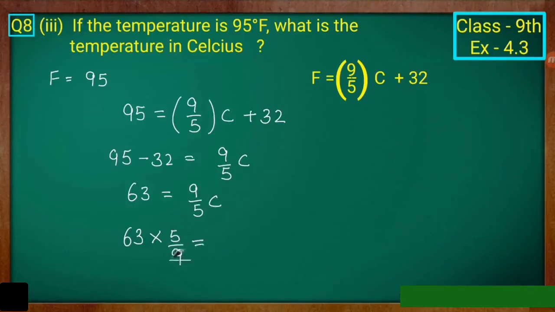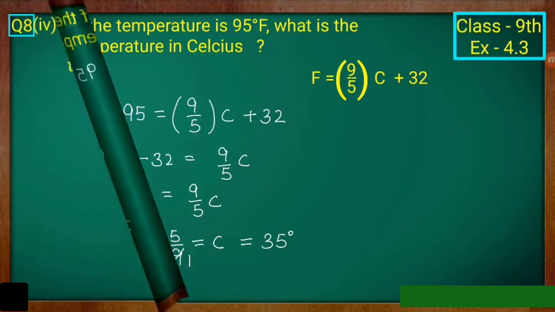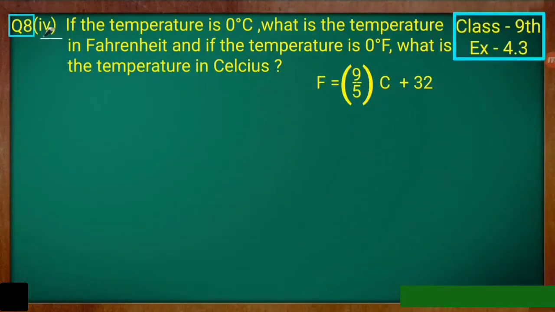Now we can easily divide 63 by 9. 9 ones are 9, 9 sevens are 63. Now Celsius equal to 7 into 5, 35. It is 35 degrees. So when Fahrenheit is 95 degrees, Celsius is 35.